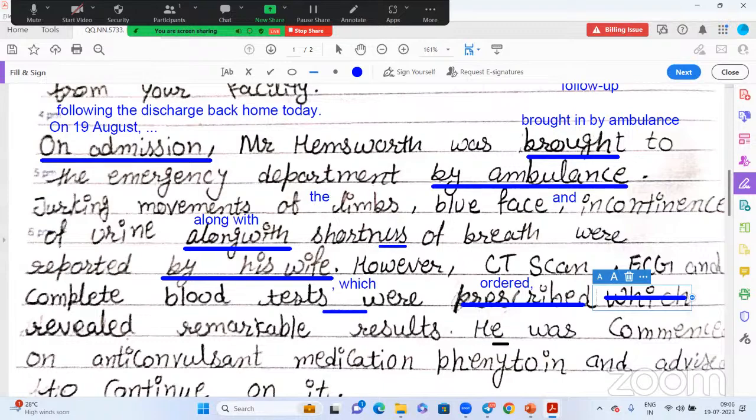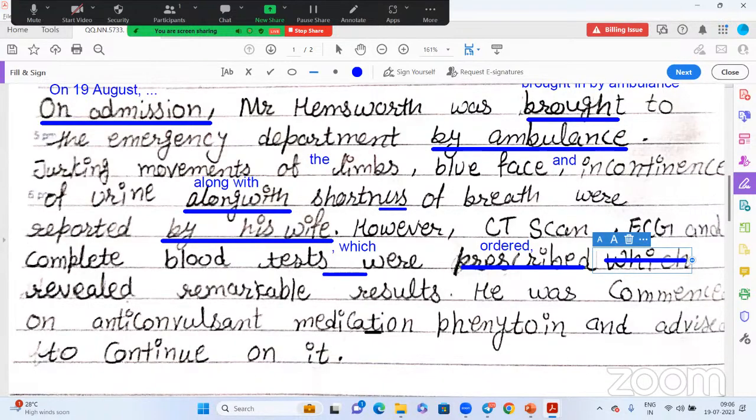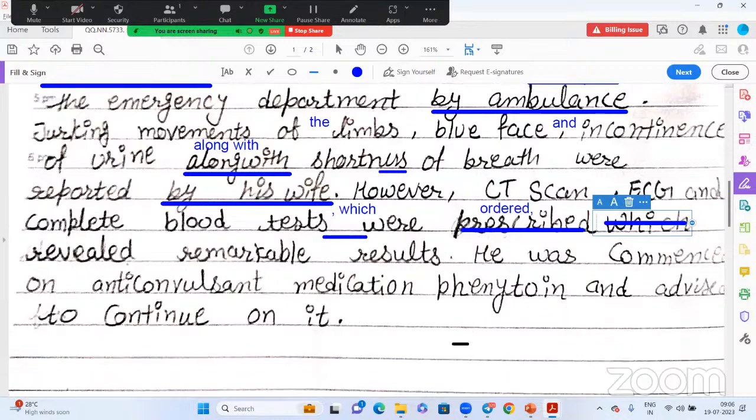He was commenced on anticonvulsant medication, phenytoin, and advised to continue on it. Why 'he'? What is the need for this 'he'?